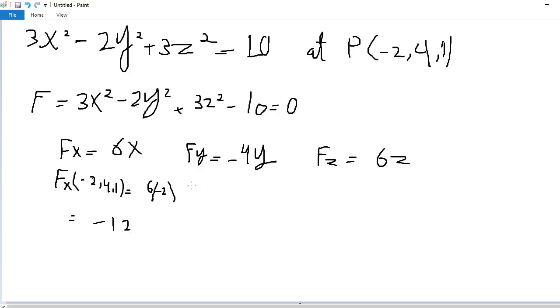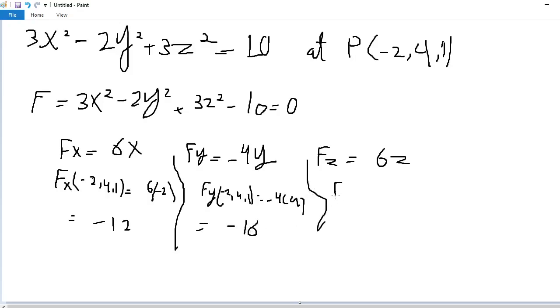Negative 12, okay? So here we will say Fy at negative 2, 4, 1 is going to be minus 4 times 4, so it's going to be negative 16.